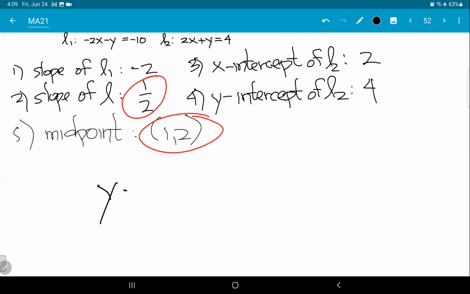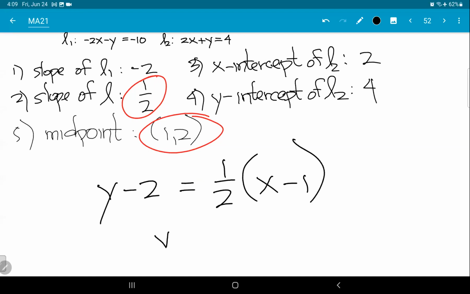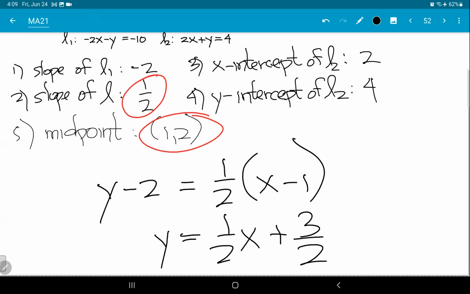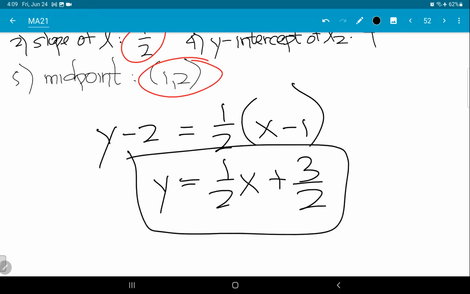Y minus 2 equals 1/2 quantity x minus 1. Verify. So that's 1/2 x minus 1/2 plus 2. Right. One of you gave her answer is correct.